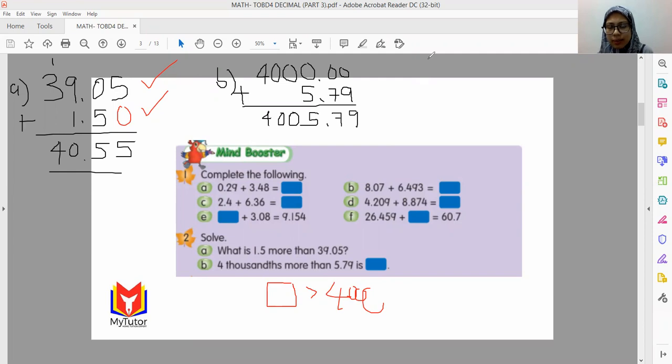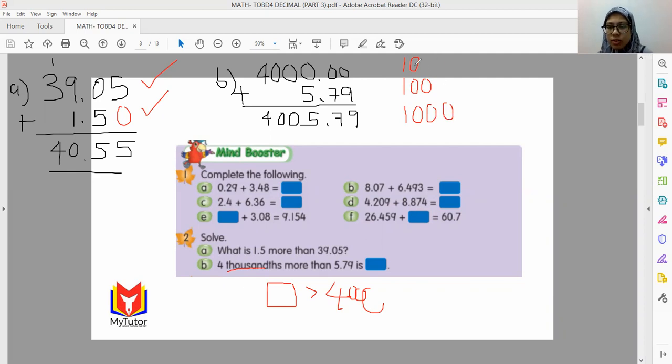Thousands is a number with three zeros when it's saying thousands. If we have tens, we have a number with one zero. If we have hundreds, we have numbers with two zeros. If we have thousands, we have a number with three zeros.